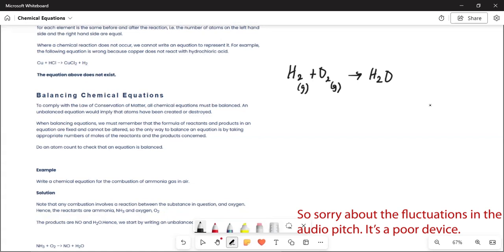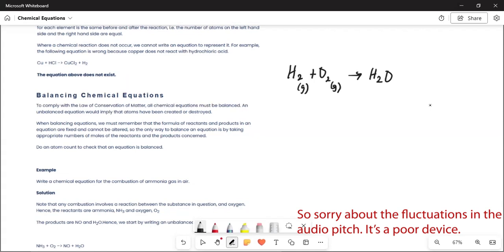But on the right-hand side, hydrogen is okay, we have two atoms here also, but oxygen, we have only one. That means oxygen has been destroyed. But the law of conservation of mass says atoms or matter is neither created nor destroyed. So to respect that law, we need to balance this equation.